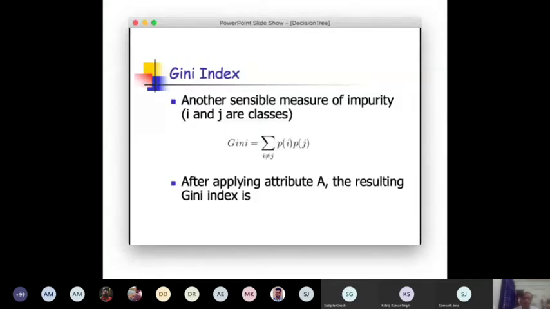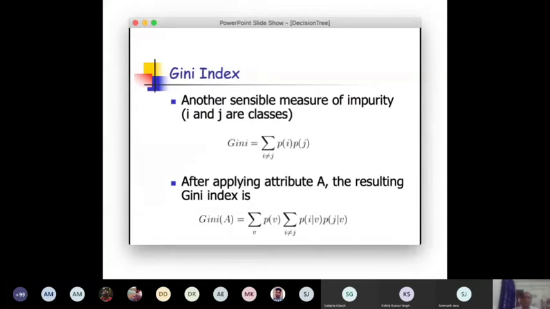The weights are proportional to the number of elements in each partition. So it is the same expression. As you can see, this is what is expressed, what I mentioned exactly. That is what is being computed here.